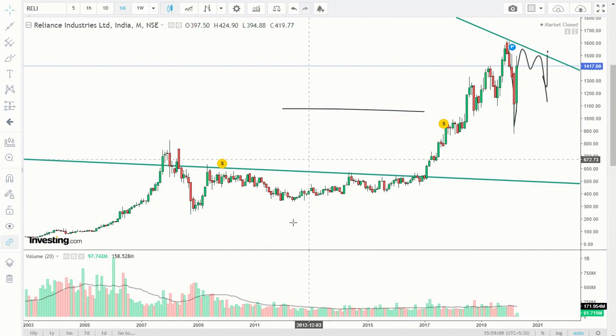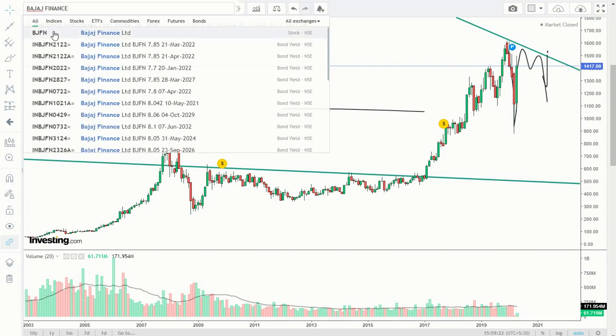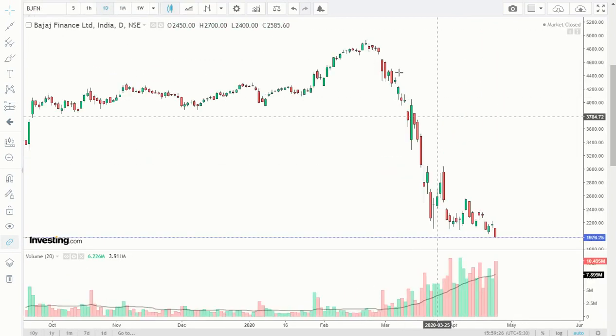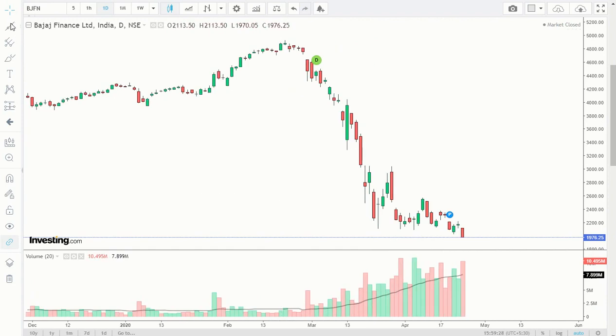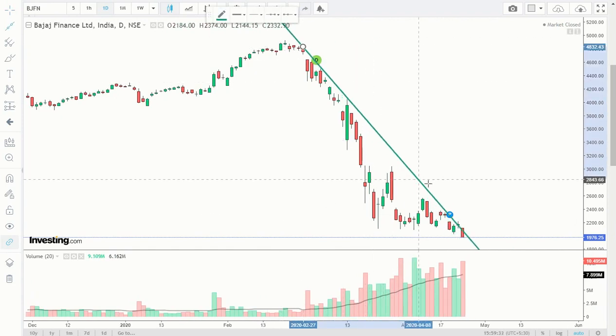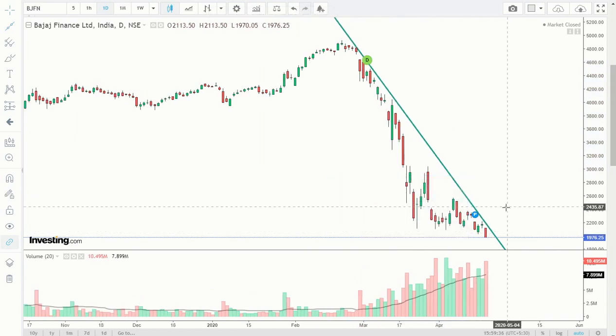So technical analysis also gives you inputs for investing. Let me take Bajaj Finance, which is widely followed. Bajaj Finance hasn't given any indication yet, but if you draw a trend line here, joining this point and this point, whenever it moves, you will learn the nuances.